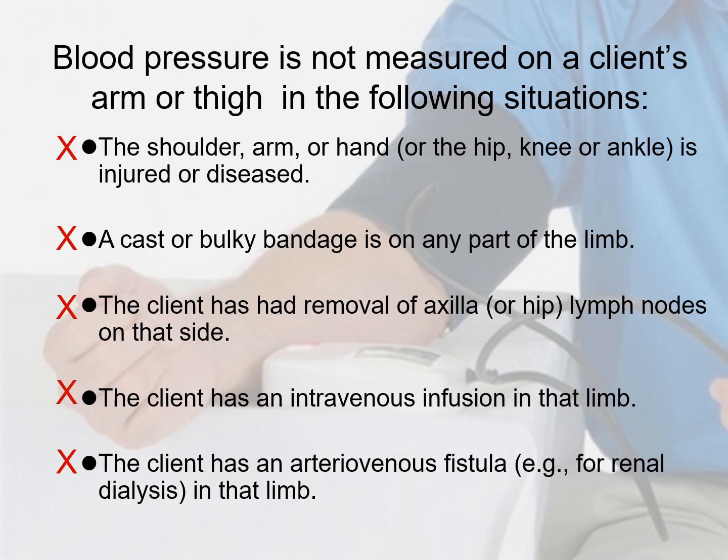If the client has an intravenous infusion in that limb, avoid that site as well because you might blow the IV site. If the client has an arteriovenous fistula for renal dialysis in that limb, avoid that site as well when taking the blood pressure because you might damage the fistula.